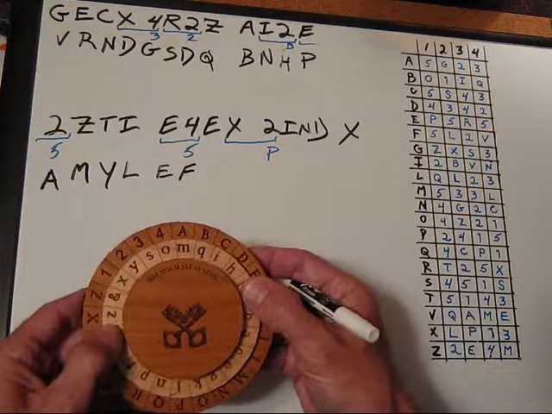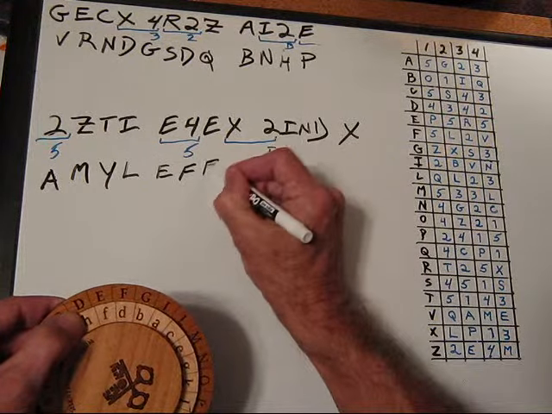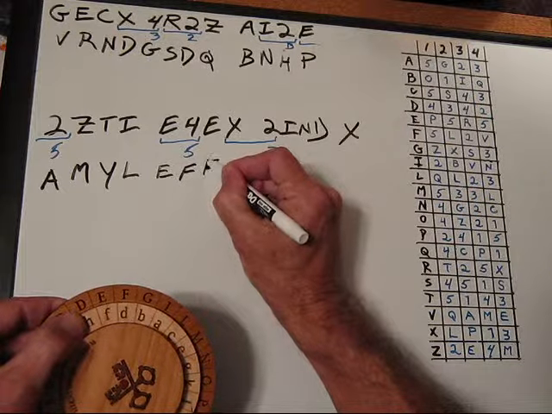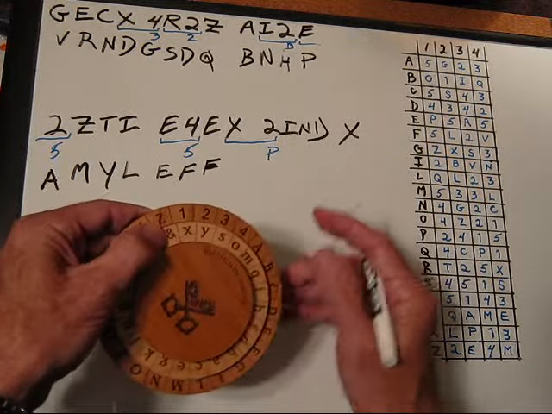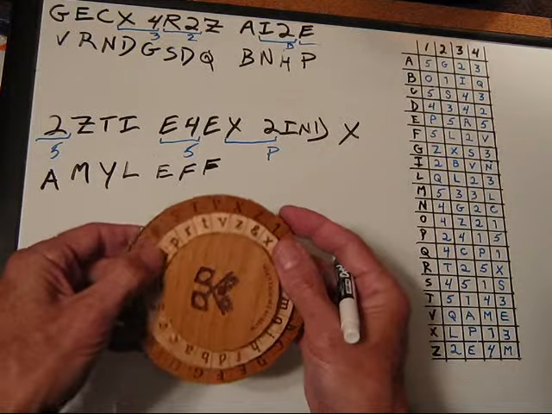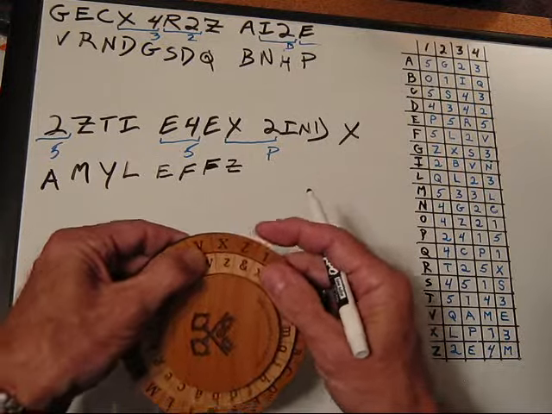We go to E, which is an F. Go to an X, which is a Z.